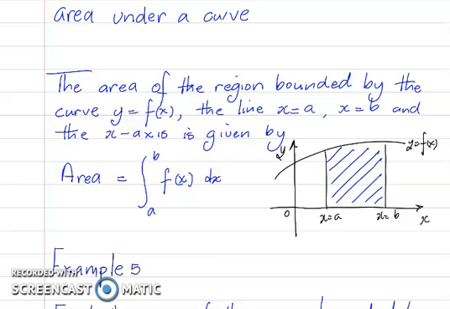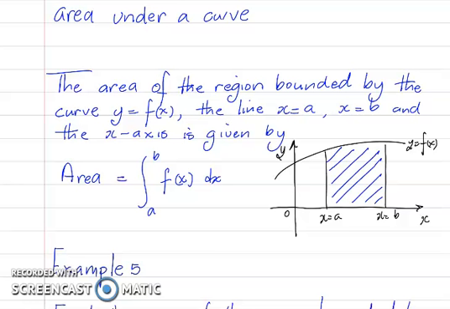First of all, this area is bounded by the curve, the x-axis, the line x is equal to a, and the line x is equal to b. The region that we're talking about is the region that is shaded blue. That region is bounded by the curve y is equal to f of x, the x-axis, the lines x is equal to a, and x is equal to b.